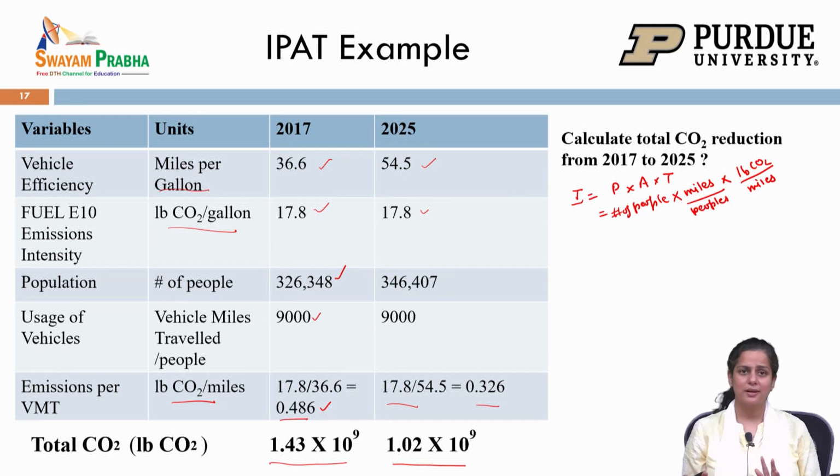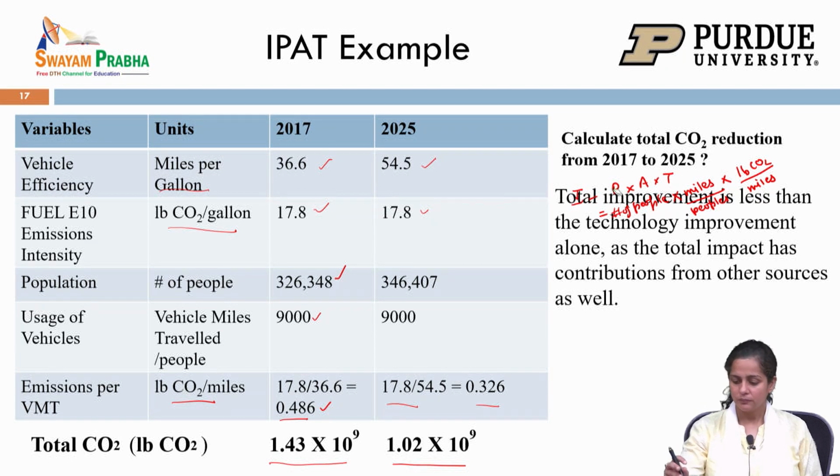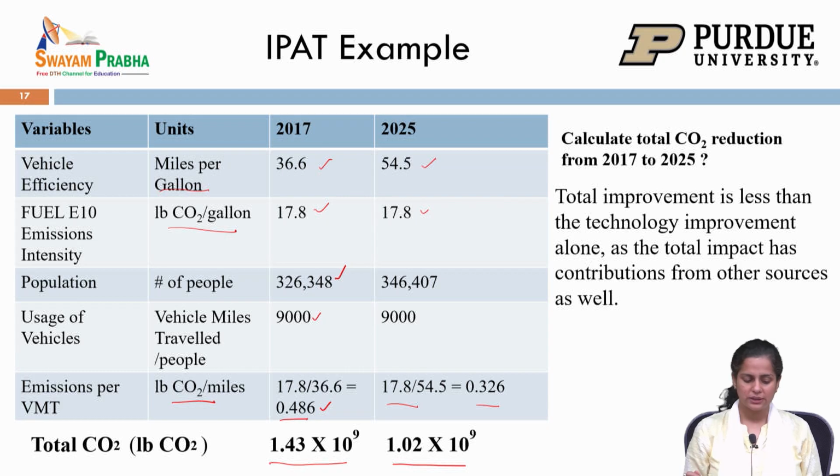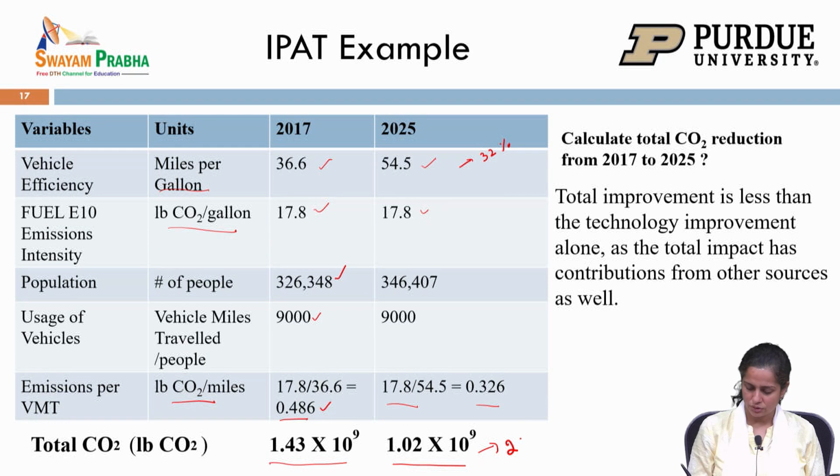So yes, there is a reduction in the total CO2 emissions due to driving, but the total improvement is actually less than the technology improvement alone, as the total impact has contributions from other sources as well. For example, we have about a 32% improvement in efficiency, but the actual reduction in emissions is only about 28%.